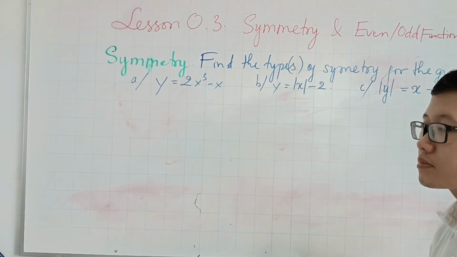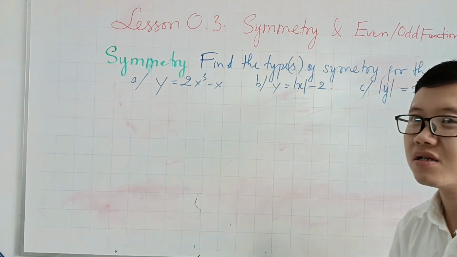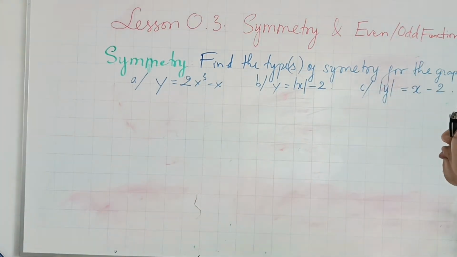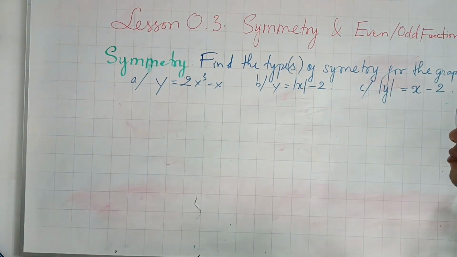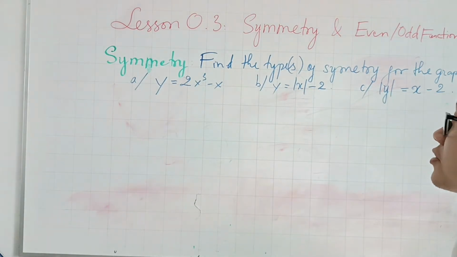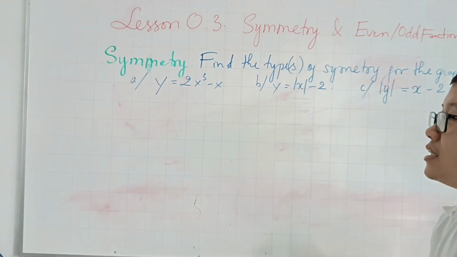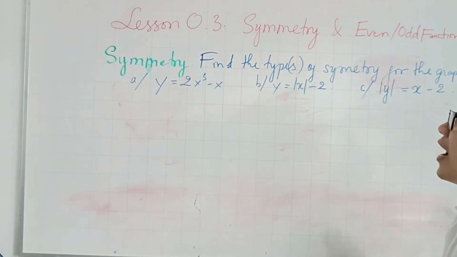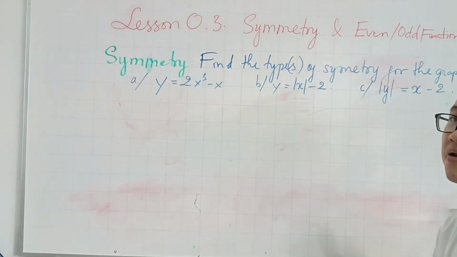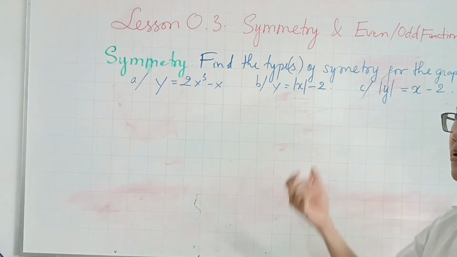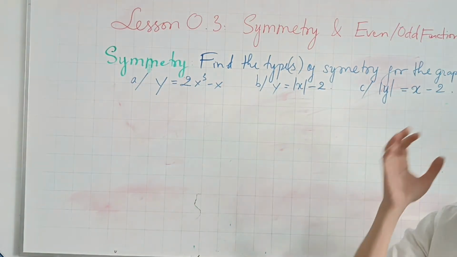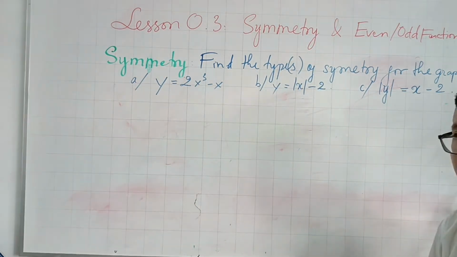If you haven't been familiar with symmetry, you can use the informal test to find the type of symmetry first, and then write it down on your paper using the formal test.